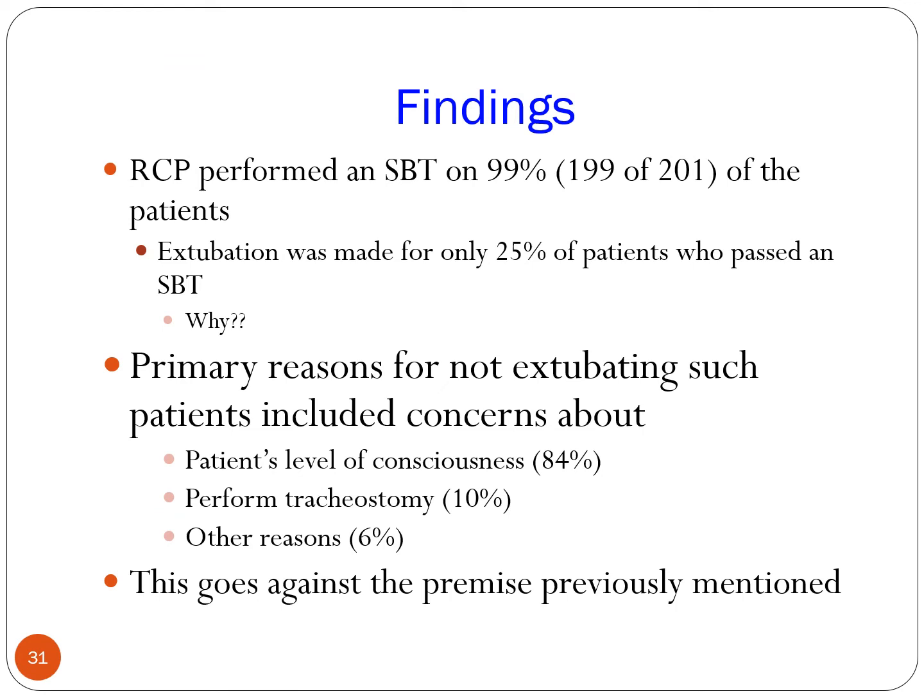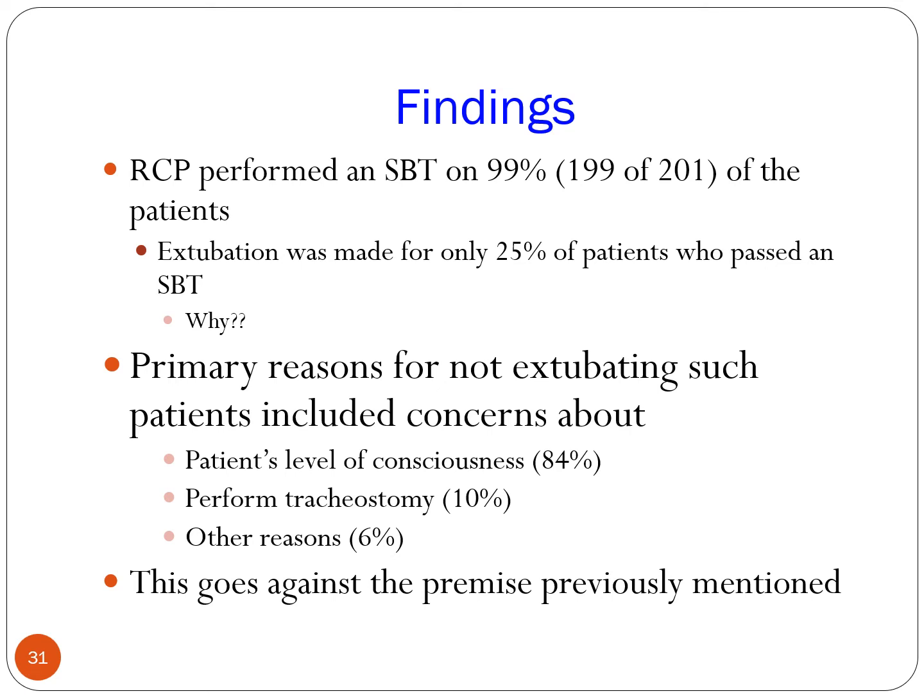The findings from this study were quite interesting. For example, respiratory care practitioners performed a spontaneous breathing trial on 99% of the patients. So 199 of 201 patients in the neurosurgical unit ended up being on SBTs. What happened was extubation was only for about 25% of those patients who passed the SBT.